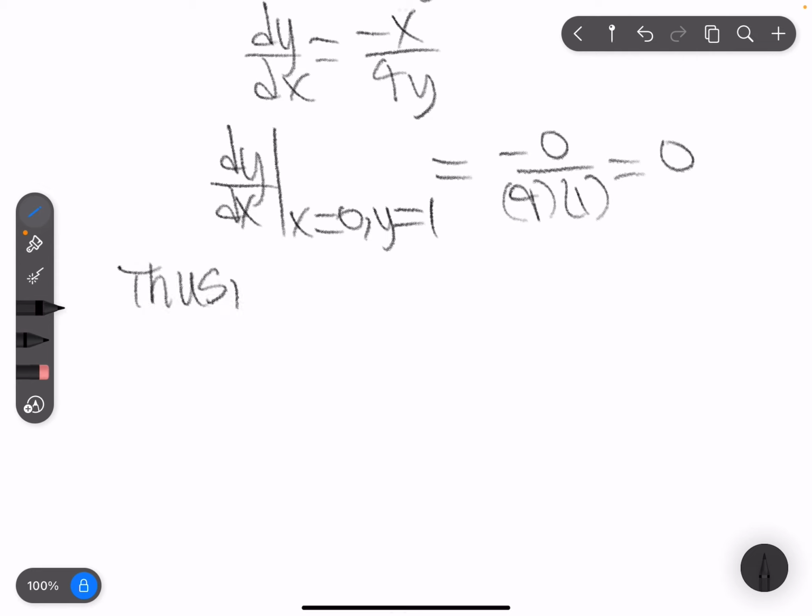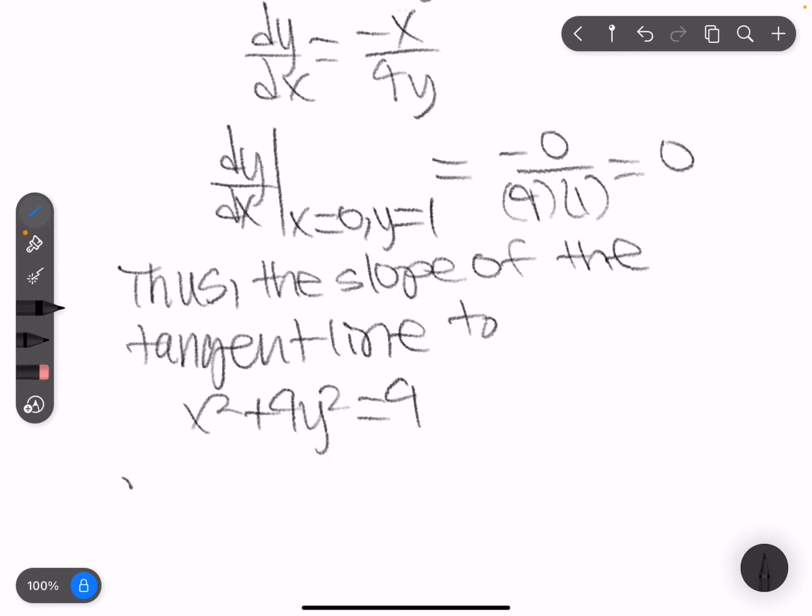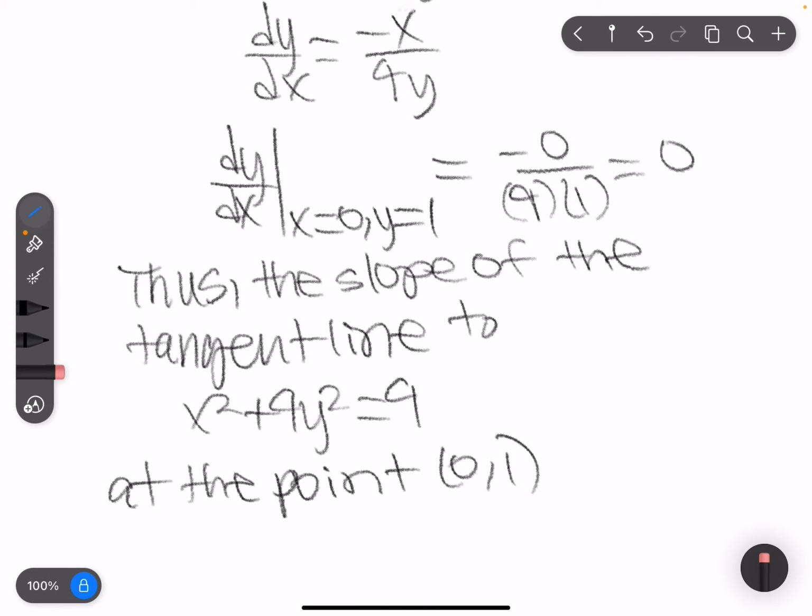Thus, the slope of the tangent line to x squared plus 9y squared equals 9 at the point 0, 1 is 0.